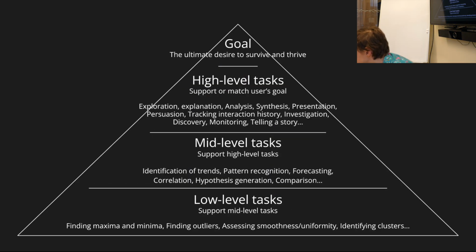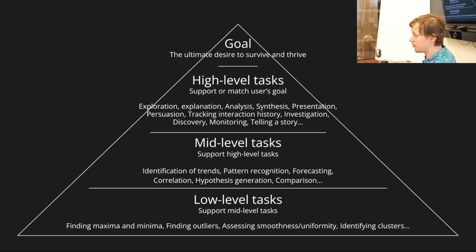Okay, I skipped one of the slides here. It's a hierarchy of goals, or goals and tasks, that the user has. The goal on top here is ultimately the desire to survive and thrive, as we all have as humans, yeah? But the high-level tasks would support that goal of the user directly. For example, I want to provide analysis of my market research so I can be competent at my job so that people respect me.